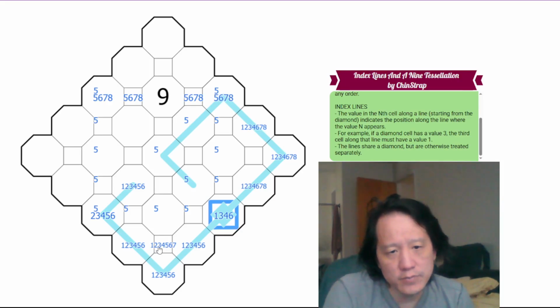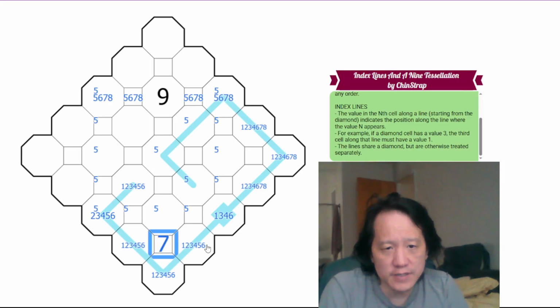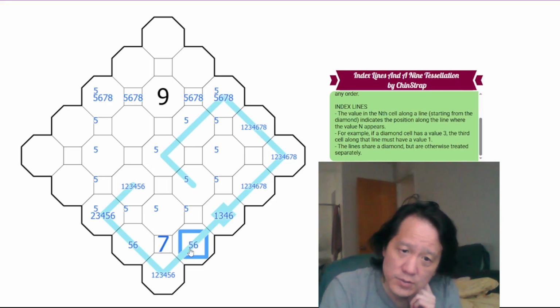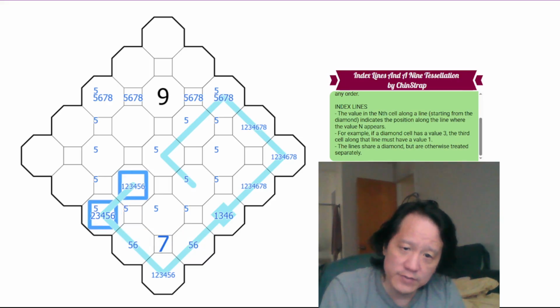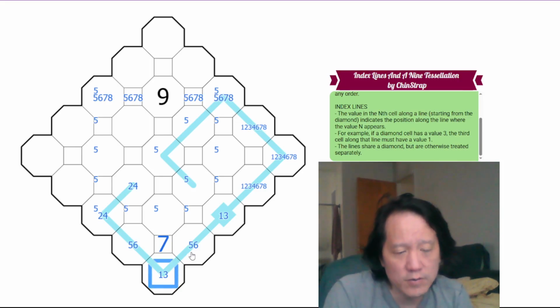So say we had, I don't know, say we had this as 7, then that would force this to be a 5-6 pair here. Which would mean 2 and 4 have to be in 5 and 6. So that'd be 2 and 4. Therefore, we have 1, 3 here.